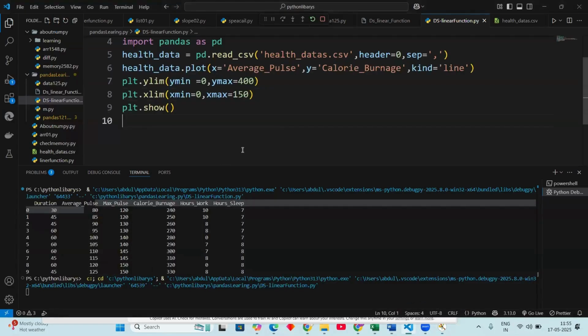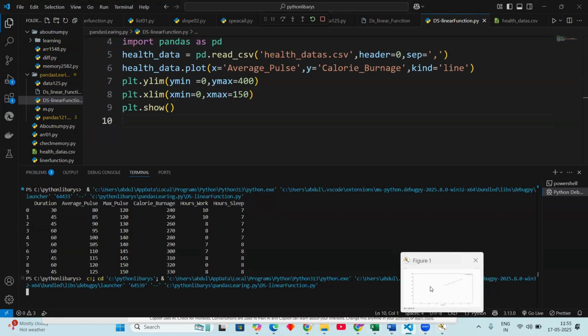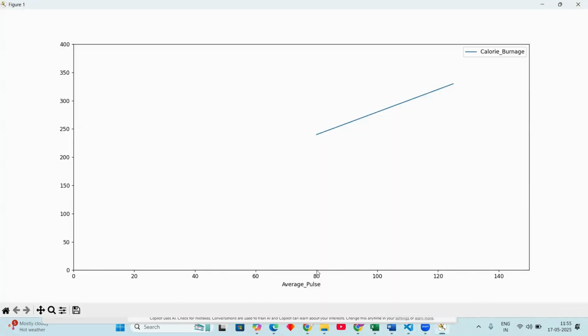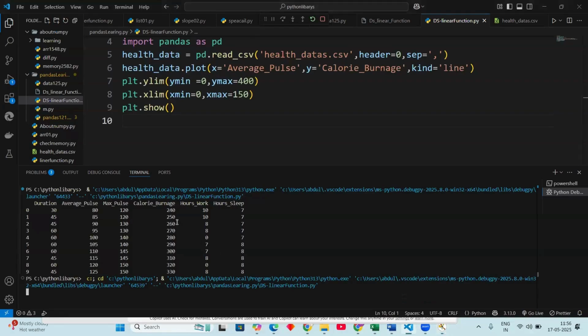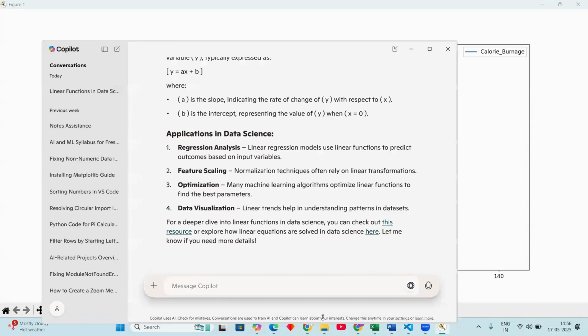See, from 80 the average pulse is starting, right? In the graph, the average pulse starts from 80, where the average calories burnage triggers from 80 to 240, right? 240 up to 330. This is 80 triggering to 240. Okay, let us wait. I will explain a little more for easier understanding.